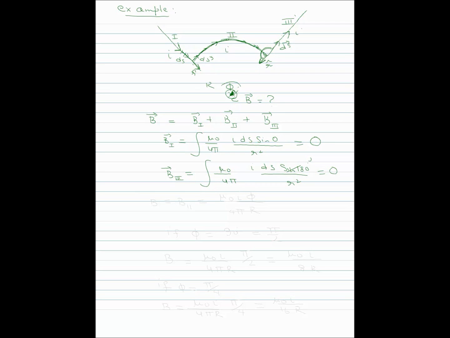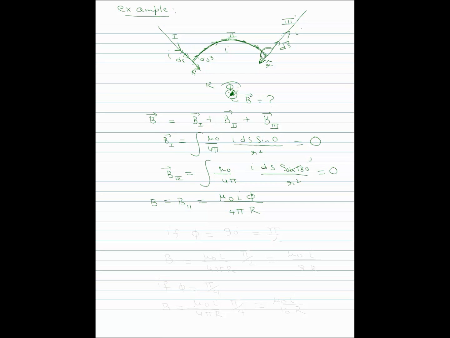And so the total magnetic field is pointing in, and its magnitude B will be just due to part 2, B2, the magnitude, which we just found in the last part. It will be mu 0 I phi divided by 4 pi r.